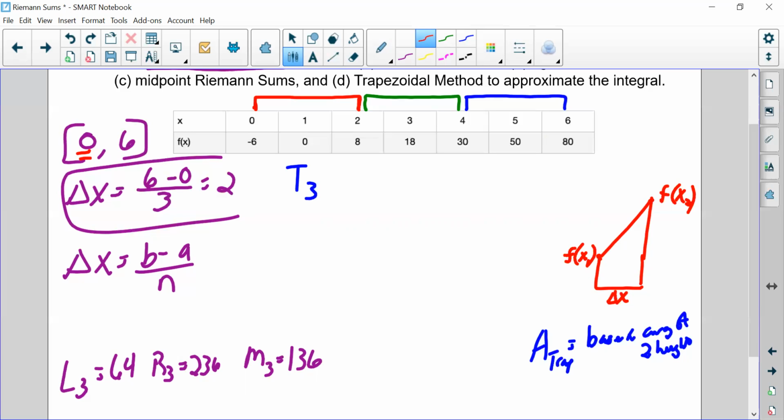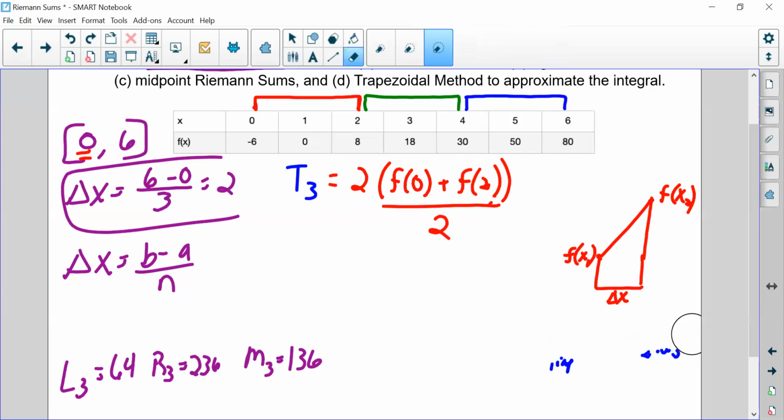How do you find an average between two values? Add them and divide by that amount. So if I wanted to do the red trapezoid here, I would take my delta x, which is 2, and multiply it by my function value at 0 plus my function value at 2, and divide that by 2.